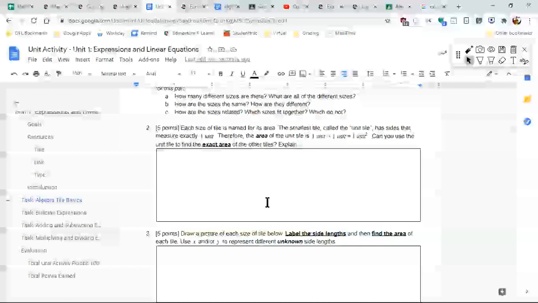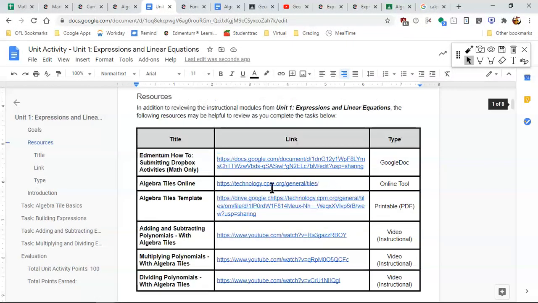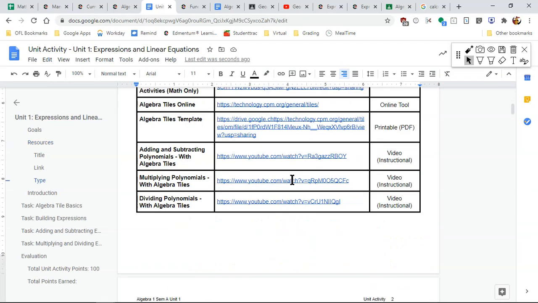And then for this, we're going to be talking about our shape. So each size is named after a certain area. If you guys need help, they have little videos here. I also have a video on how to do this on YouTube. It's one of the first videos that you'll see if you go to the playlist. But here are videos too on how they want you to do it.